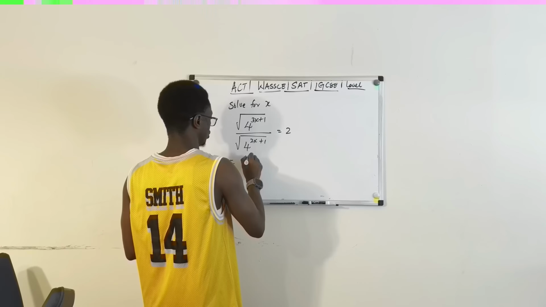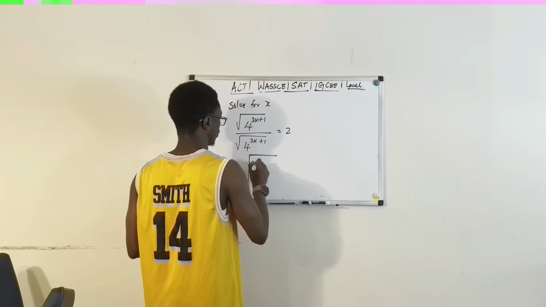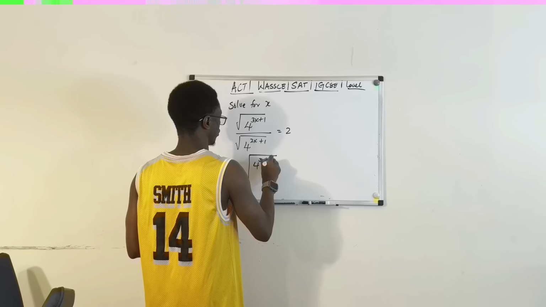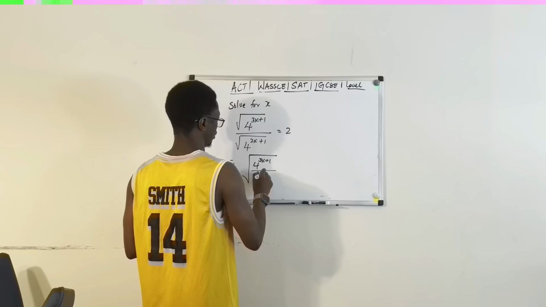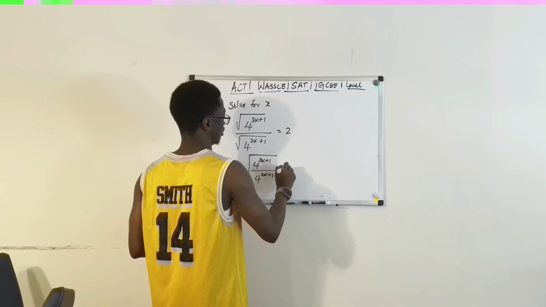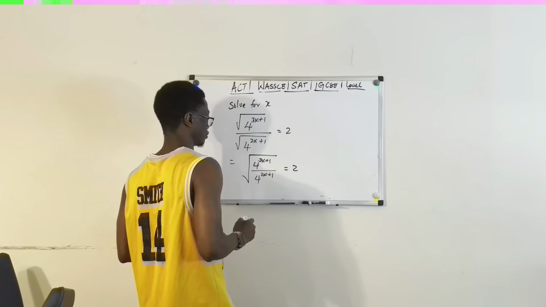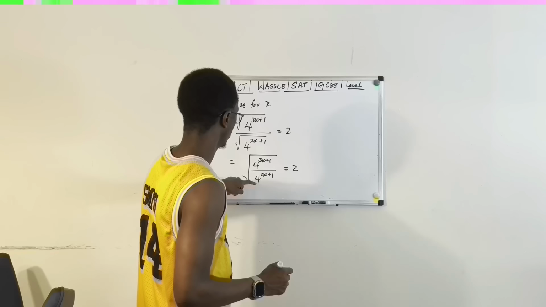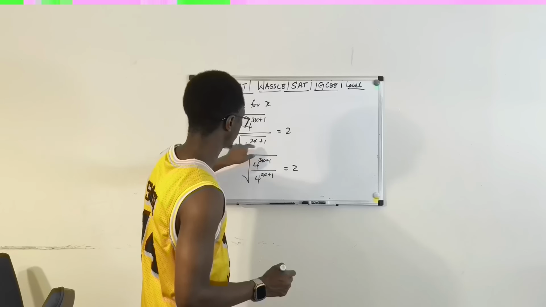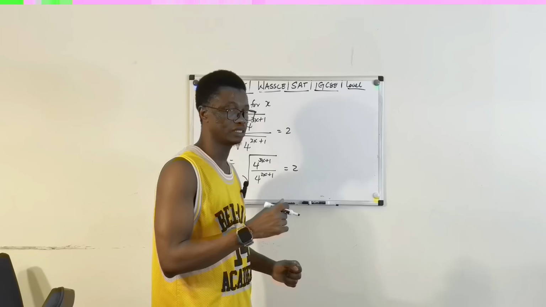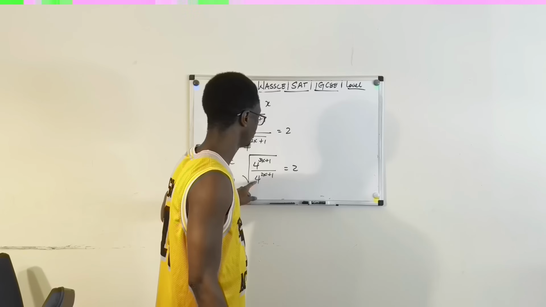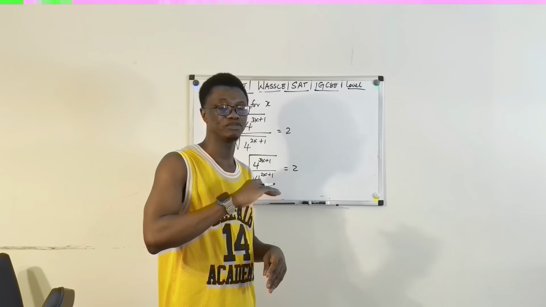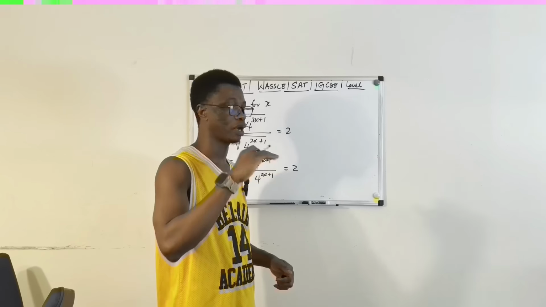So this becomes the square root now of 4 to the 3x plus 1 divided by 4 again, 2x plus 1 equals to 2. Okay? Now, from this, focus on this. Forget about this square root. Focus on this. Indices. When the bases are the same, you take 1. If it is division, you subtract the powers.